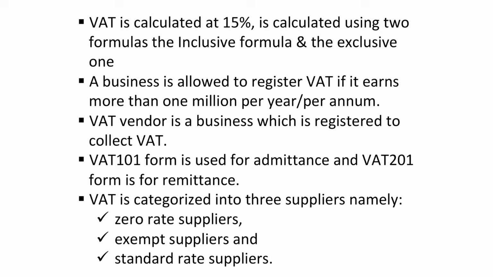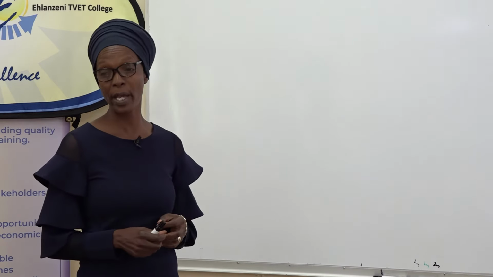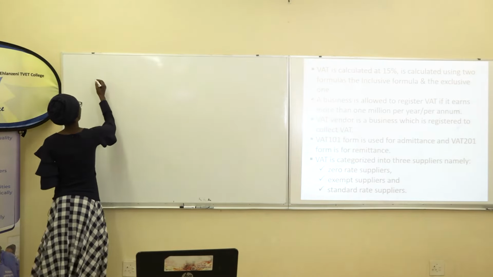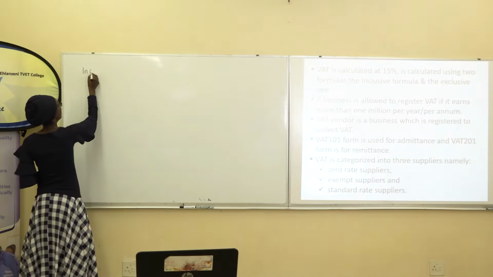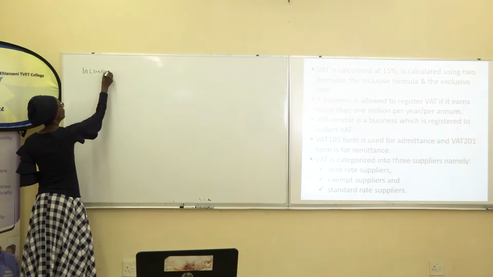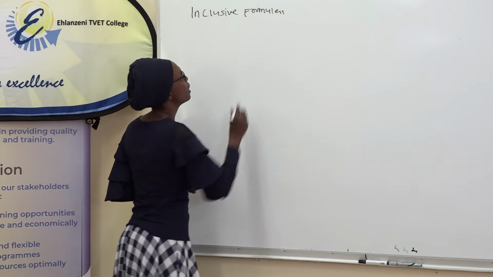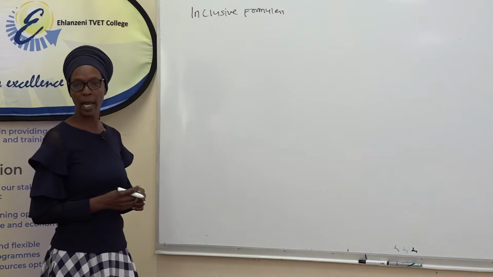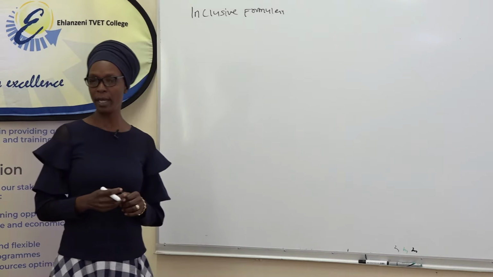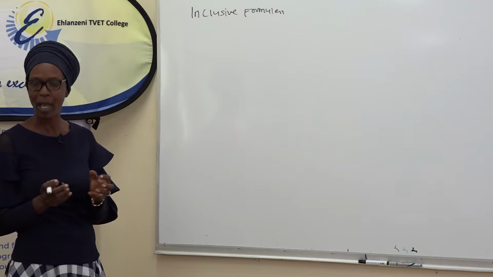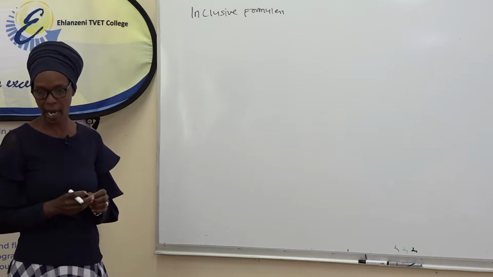Then we've got 2 formulas of calculating the value-added tax. The first formula is the inclusive formula. That means the inclusive formula is a formula where you calculate the VAT of an item that has got VAT inside.